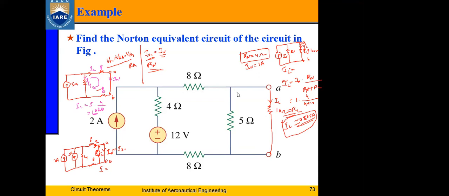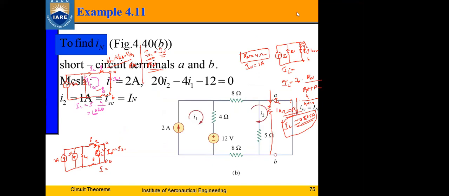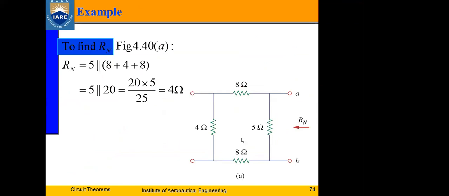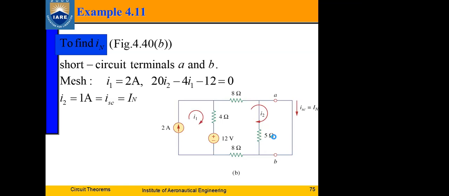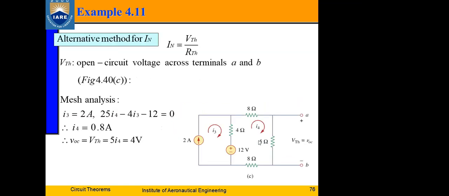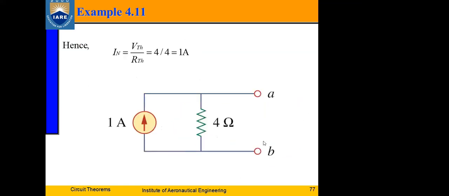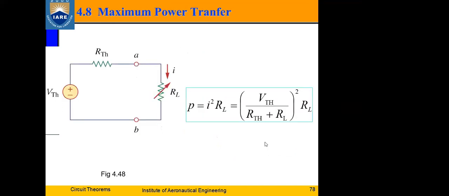Clear with this circuit? Clear with the theorem? Is it okay with Norton's theorem now? So this is it, right?